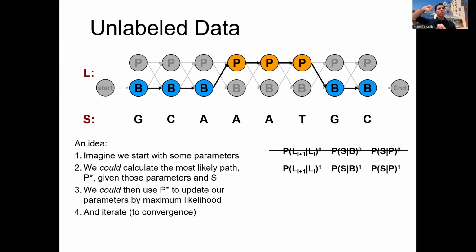And using the subtle differences in these nucleotide frequencies between these two hidden states, then I will partition my genome into two clusters, one cluster with high GC and one cluster with low GC. This is exactly the same thing that we did with k-means clustering.